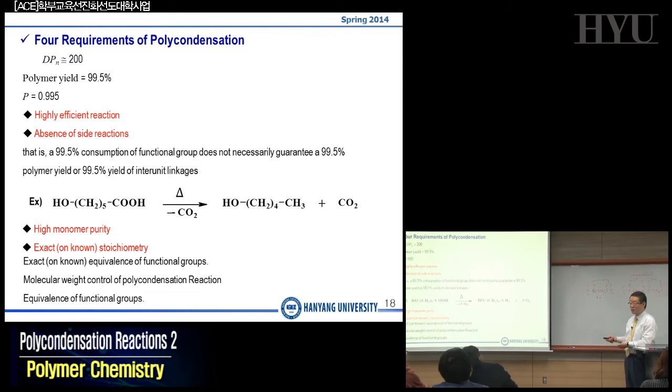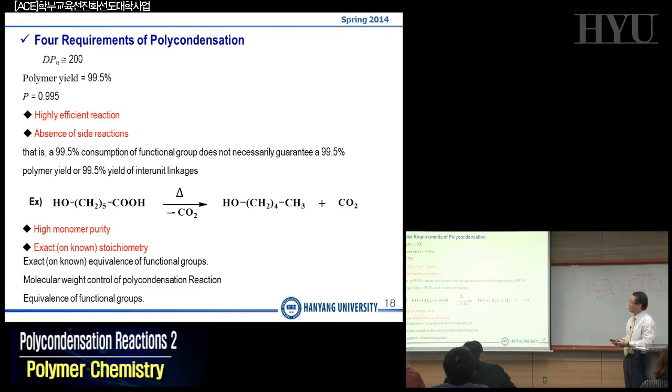If this side reaction occurs at high temperature, then what happens is that you come up with one functional group left instead of your monomer, instead of your polymerization proceeding. So this type of side reaction prohibits the highly efficient polymerization reaction.